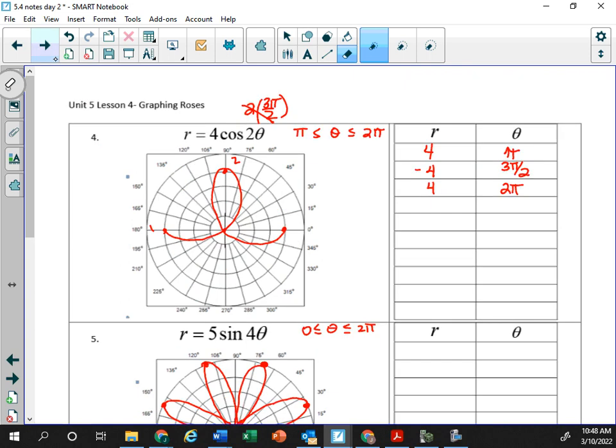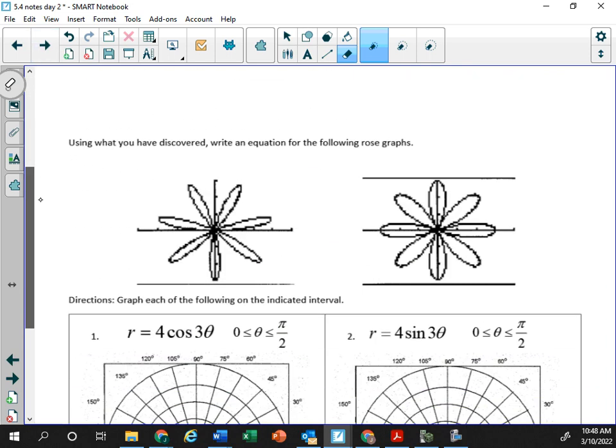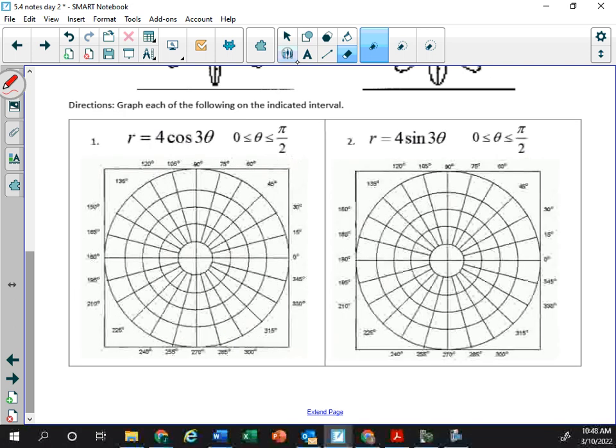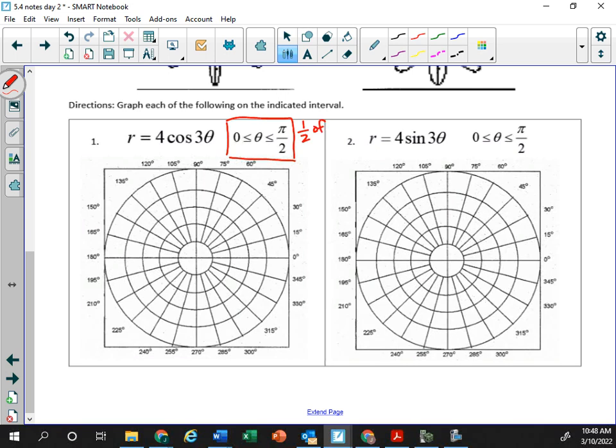So for this one where you're doing this smaller window, even though this is only a quarter of the unit circle, it's actually half of the petals. Does that make sense, guys? Because this is odd.